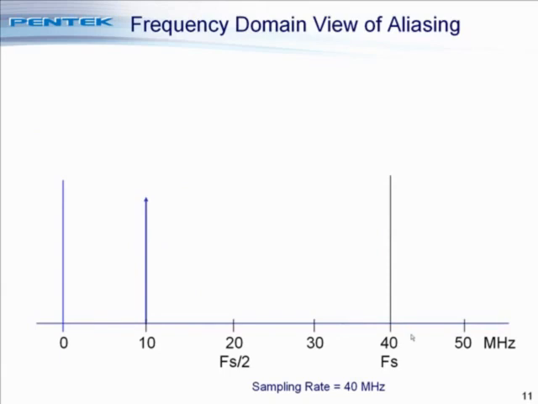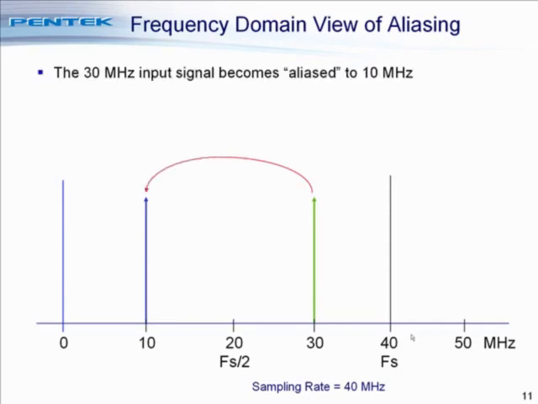Let's take a look at the frequency domain view of aliasing. Here's a graph where we're plotting frequency of the input signal along the horizontal axis. We have a 10 megahertz input, and that gets faithfully represented as 10 megahertz. But if we have a 30 megahertz signal shown here in green, that effectively gets aliased down to 10 megahertz.